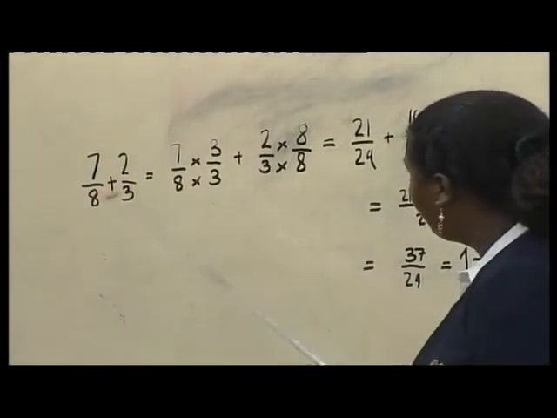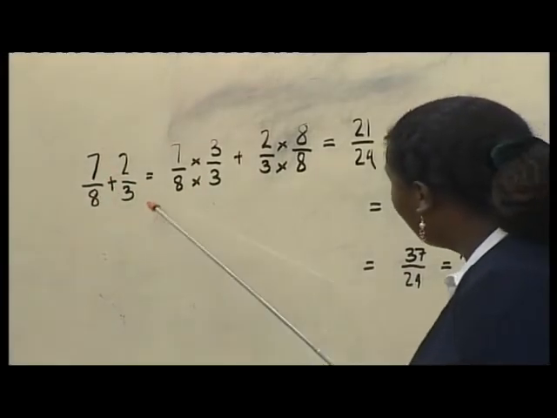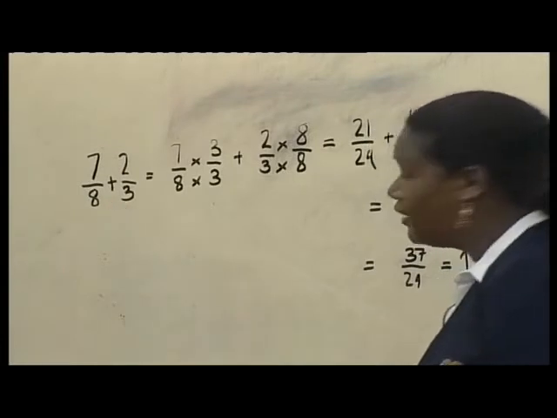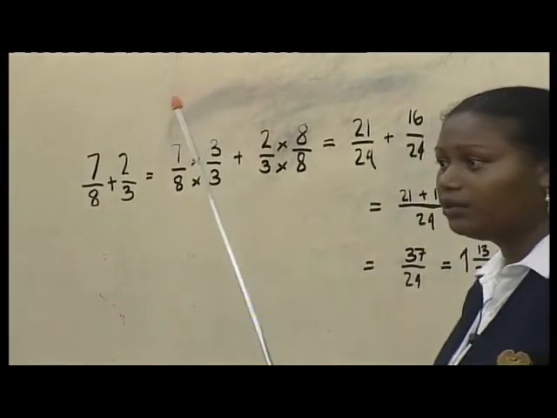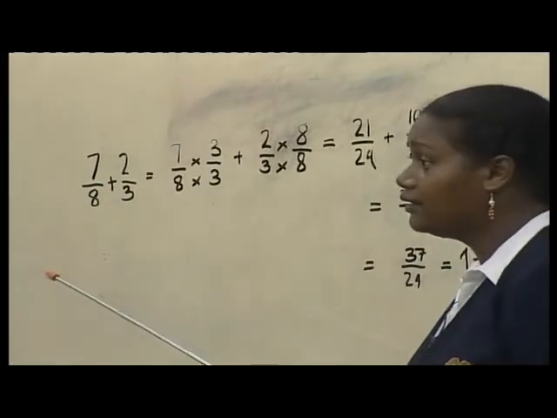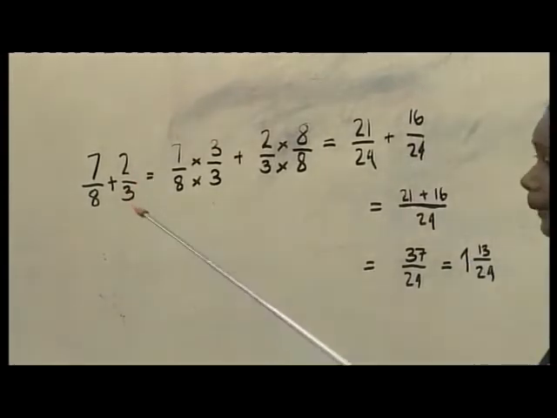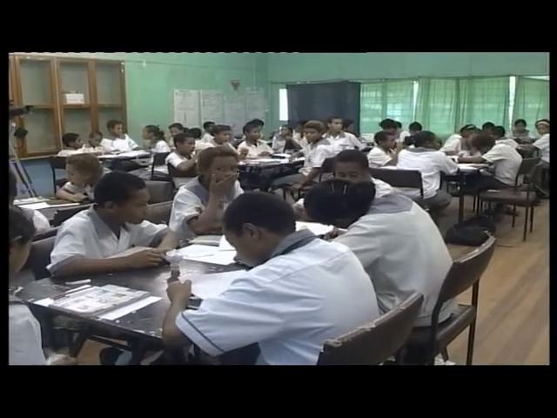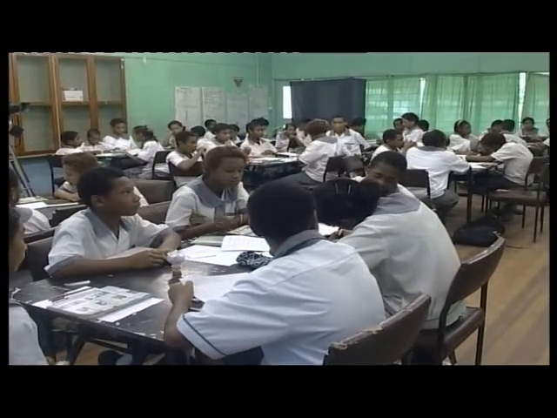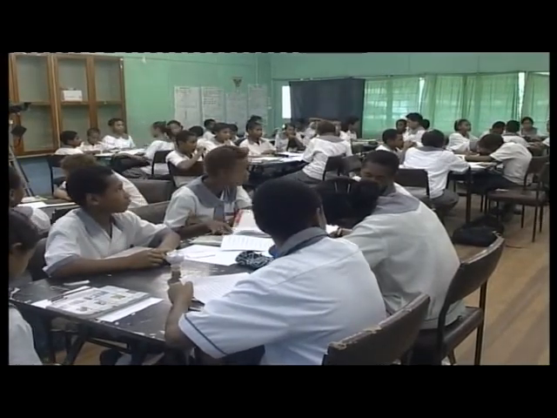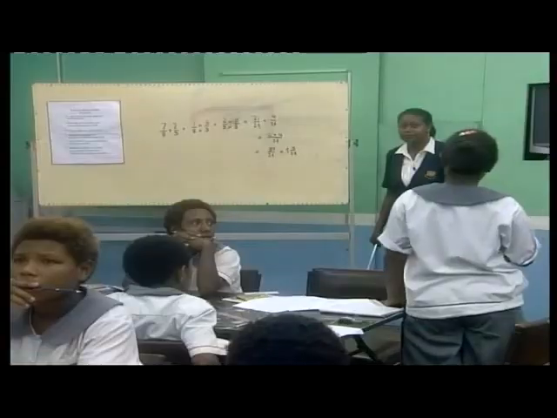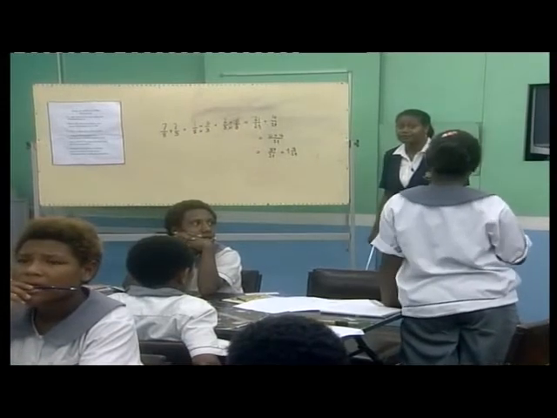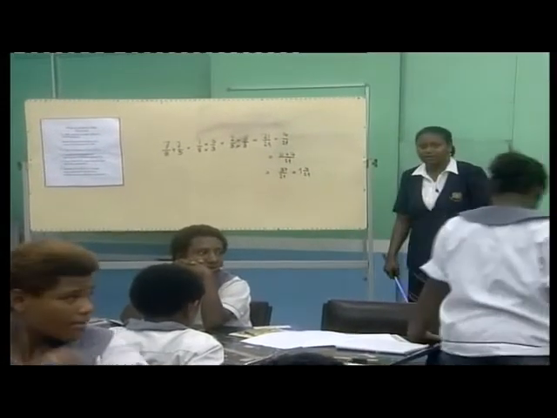Seven eighths plus 2/3 equals. What was the first step? Anyone? What's the first step? Yes, Milika?